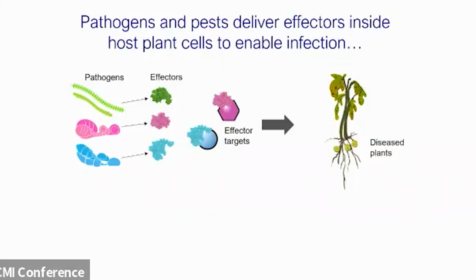pathology is that pretty much all pathogens, viruses, fungi, bacteria, nematodes, aphids, and so on, secrete effectors that act on host targets and modify host processes in many ways that help the pathogen cause disease. And I'll give you a couple of examples later on of how they operate.